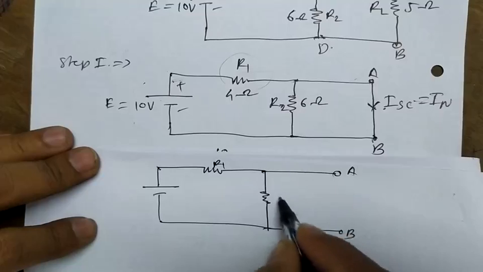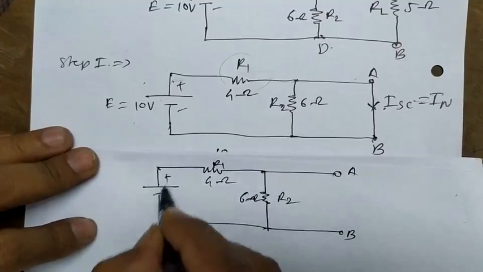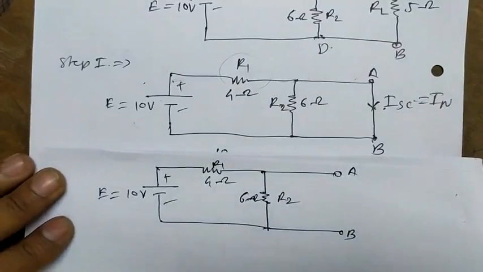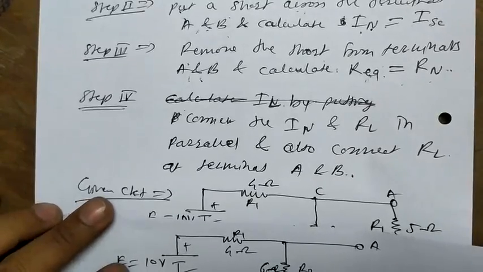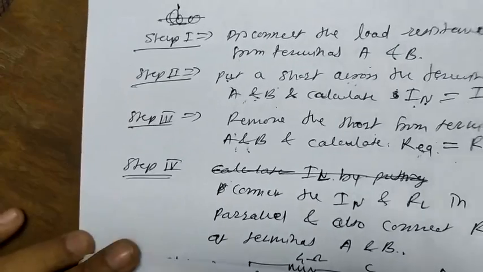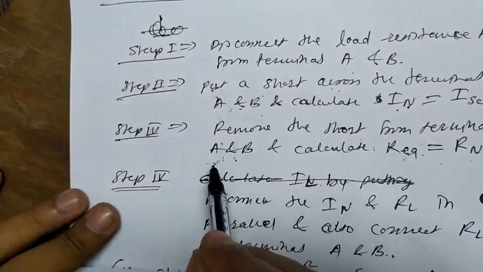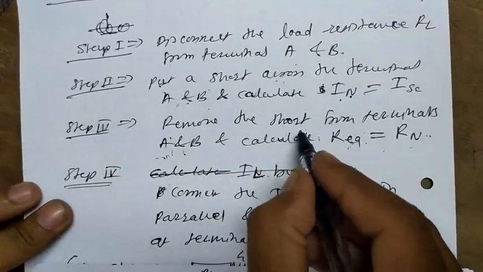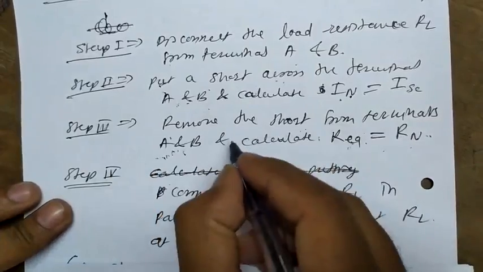This is R1, this is R2, this is 4 ohm, this is 6 ohm, and this is E equal to 10 volt. Also, in step 3, we forgot to mention one thing.